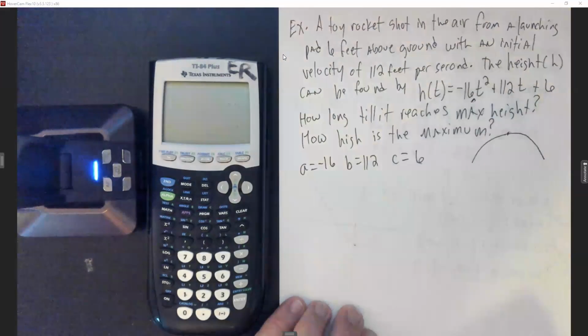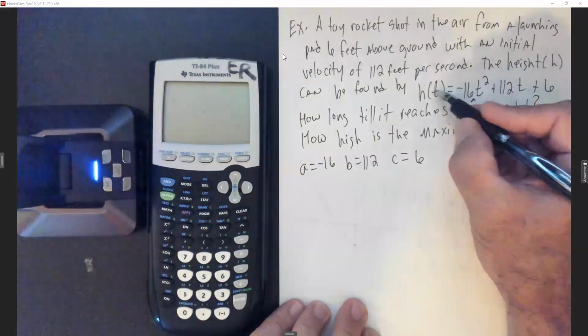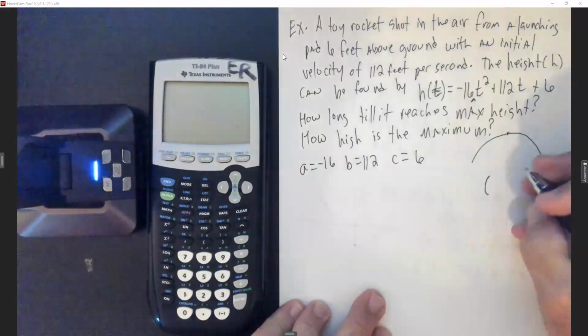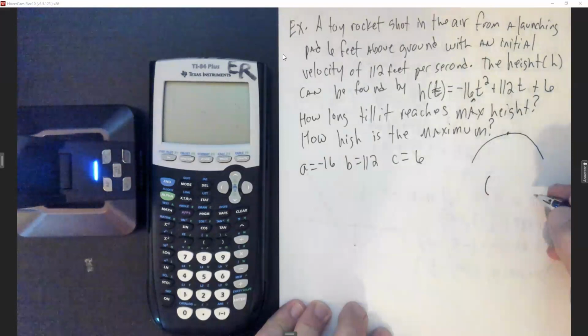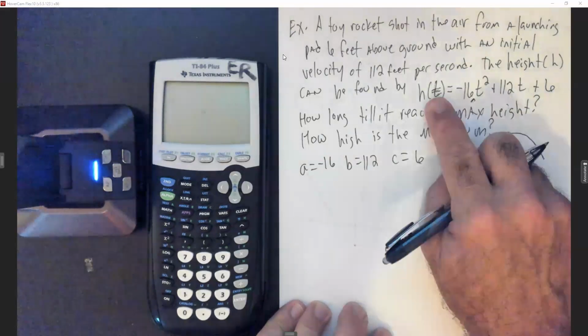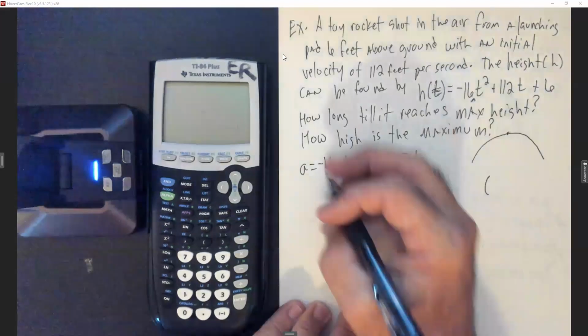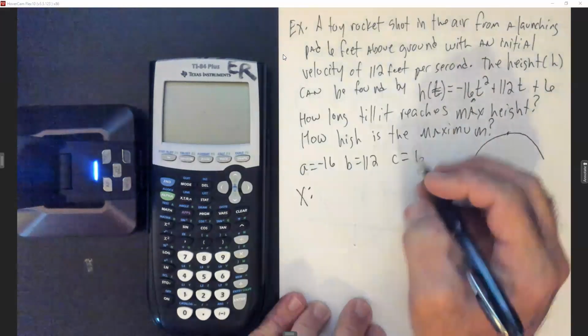Here's the thing. Since t is the variable for time, when I'm done, t will be like my x, and the height will be the y value, okay? So remember, since they have a t here instead of an x, time is now the variable. So we want the x coordinate of the vertex, which will be negative b over 2a.